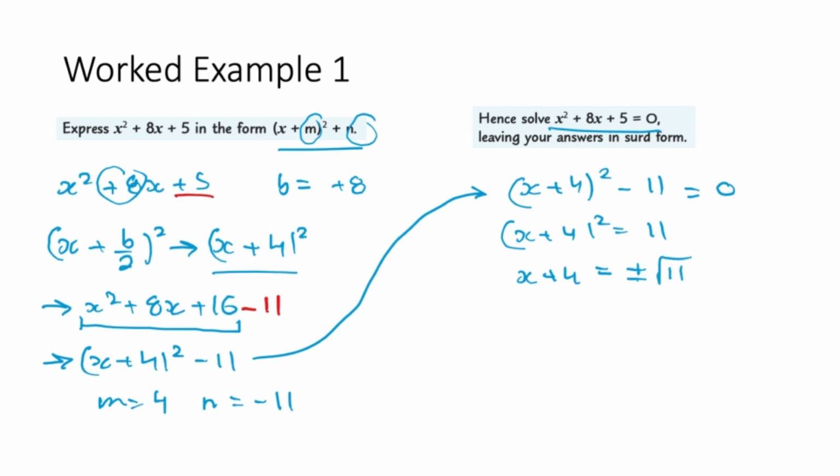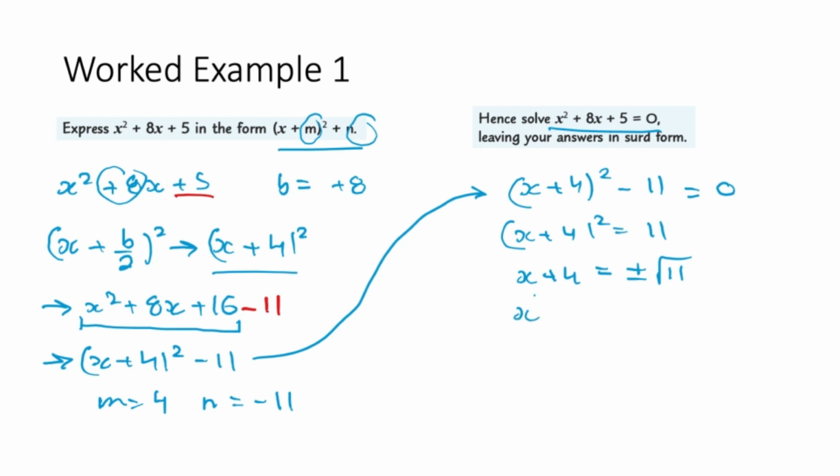The reason why I put positive or negative is because the square root of 11 can be both a positive and a negative value. The square root of 100, for example, is either positive or negative 10, because positive 10 times positive 10 is 100, and negative 10 times negative 10 is 100, which is why you put the positive and negative.